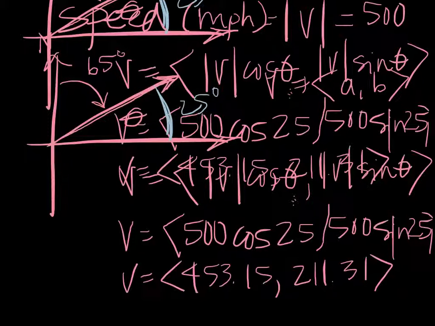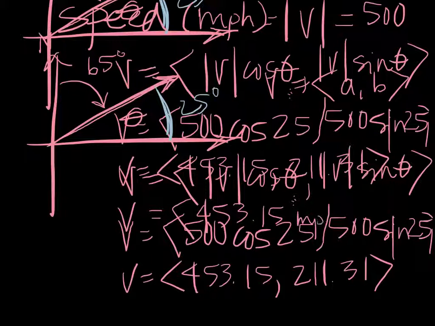What this answer means is that my plane is going 453.15 miles per hour eastward, because this is your x coordinate, and then I'm going 211 miles per hour northward.